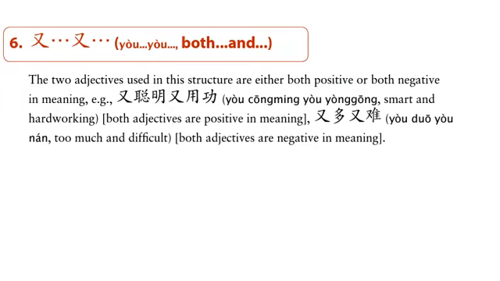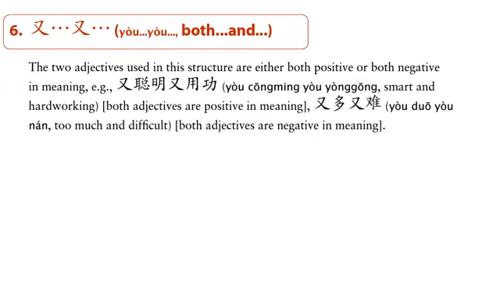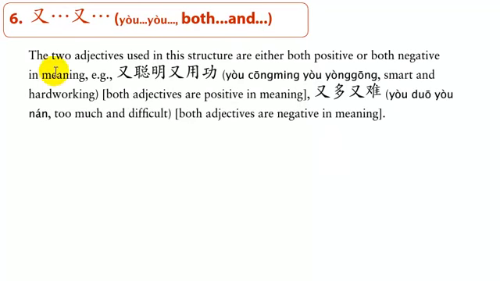You saw 又. The two adjectives used in this structure are either both positive or both negative in meaning. When you see 又 and insert some text, you come up with the construction "both blank and blank."